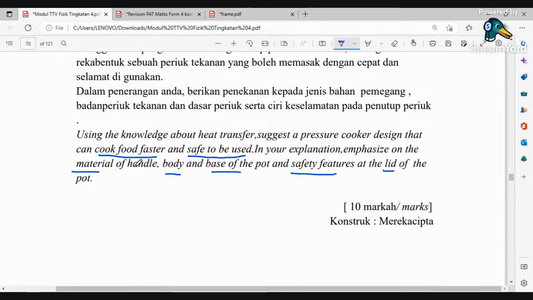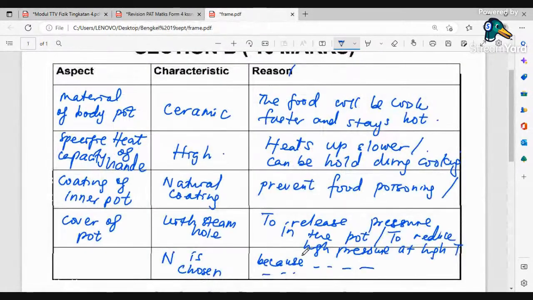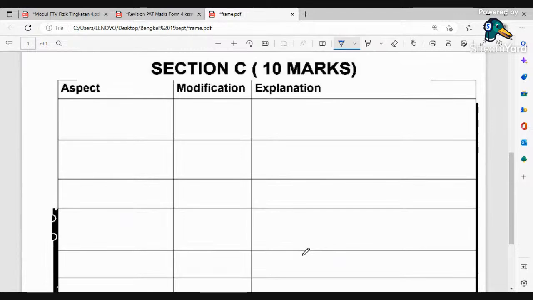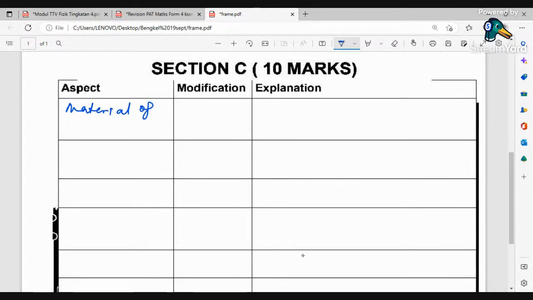So, identify all the aspects. I will put the aspects in a table for section C. First, material of handle. Okay, second aspect, don't just write body, write pressure cooker. For the body we can put two aspects.